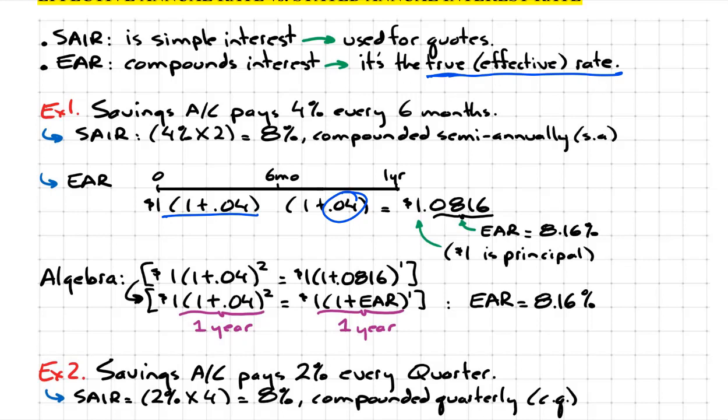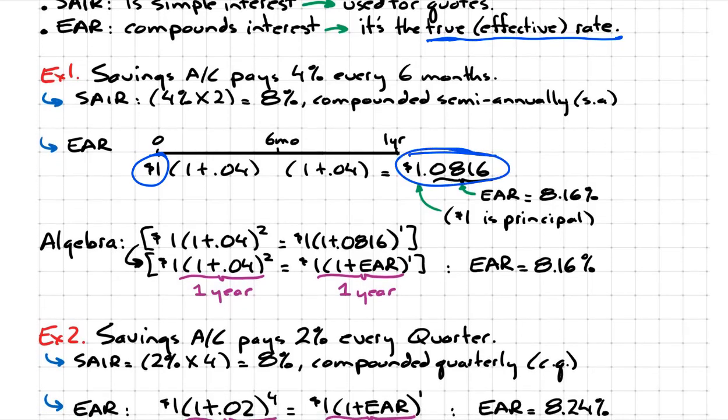So then when you work this out, your dollar at the beginning of the year is now worth 1.0816 at the end of the year. Now, what portion of this is my return? Well, the dollar here, that's your initial principal, so that's not return. That's just your initial principal. So therefore, the difference is your true return or effective annual return.